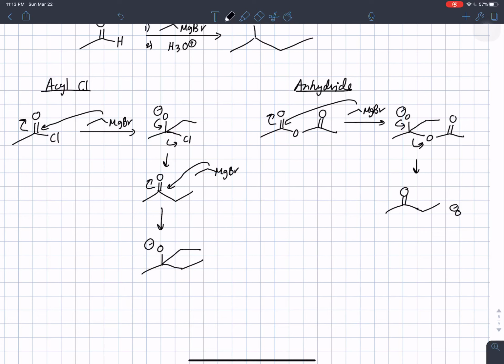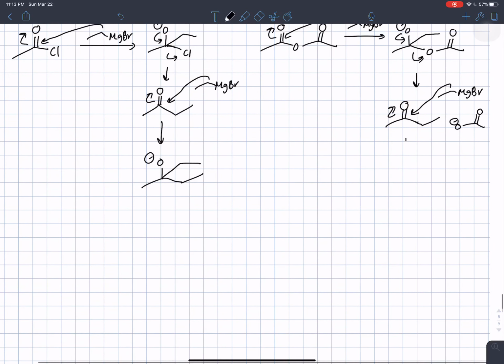But I still have more MgBr, so another MgBr can attack again, and then this can go up again. So both of these overdo the reaction. And you have to keep that in mind.